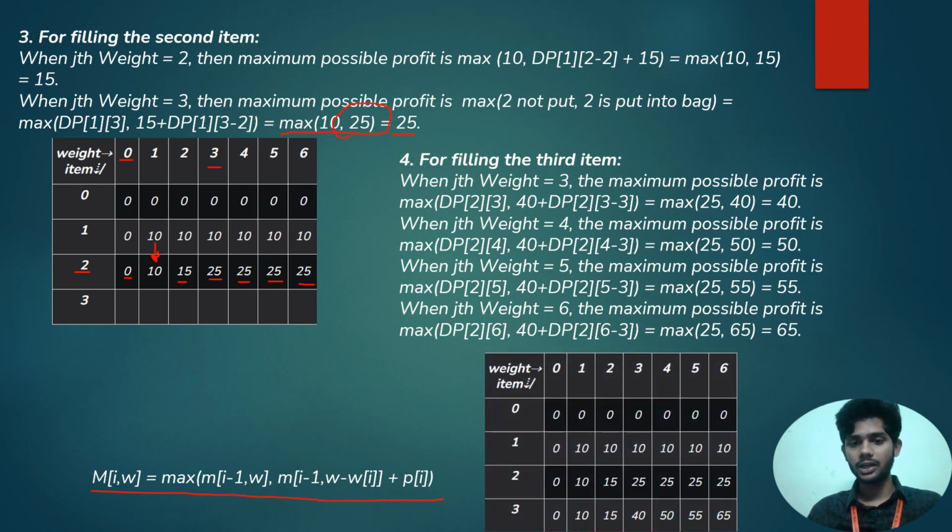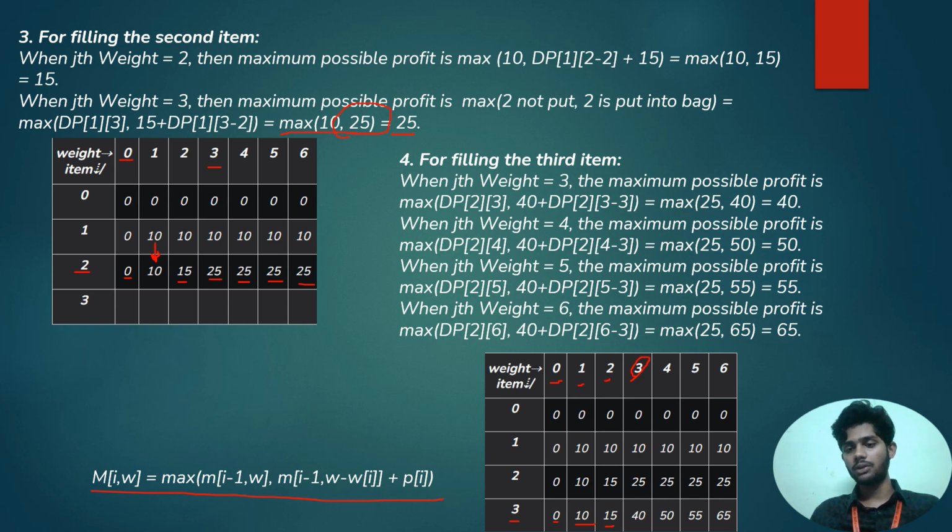For the third item, at capacity 0 we cannot insert, so we carry over the previous value. At capacity 1 we cannot insert, so the profit is 10. Next, after 15, the capacity becomes 3 and the weight is also 3, so we can insert.